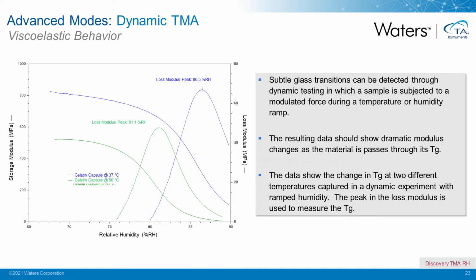And you can see here, we see exactly the same thing that we saw in the previous one, except now we're looking at a peak in a graph. So it's easier to locate the glass transition more consistently in this type of experiment. Knowing where the glass transition is, and understanding that it can change depending on the humidity it's exposed to, may be important in knowing how you are going to package and transport these types of materials.